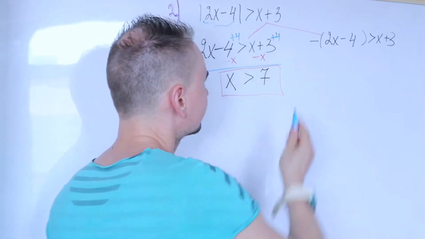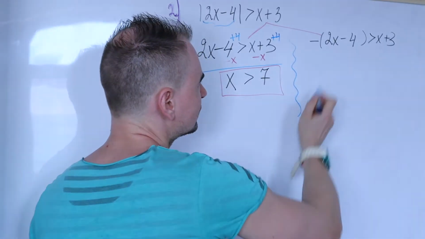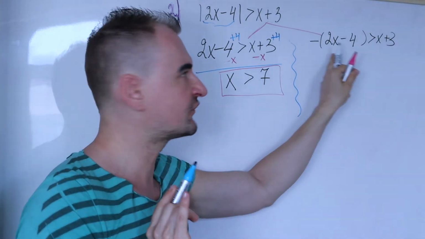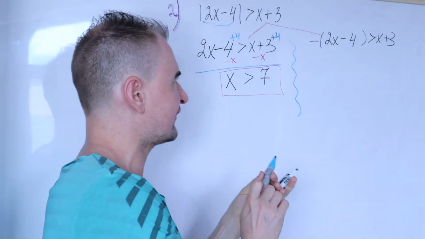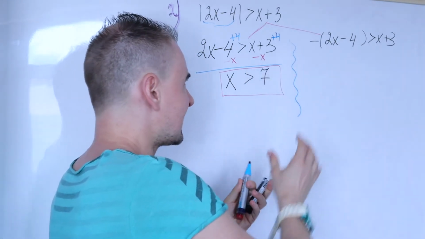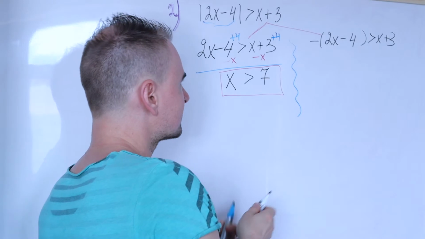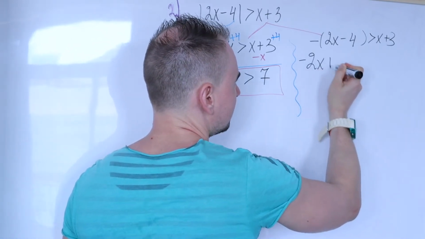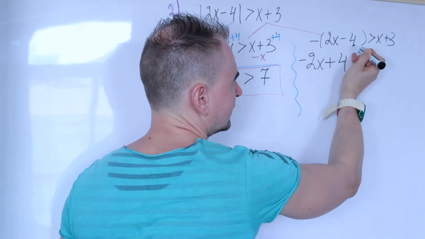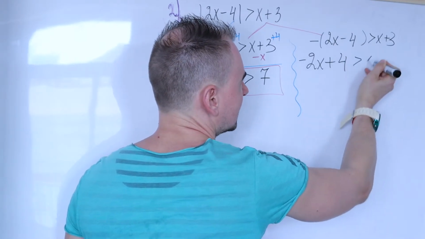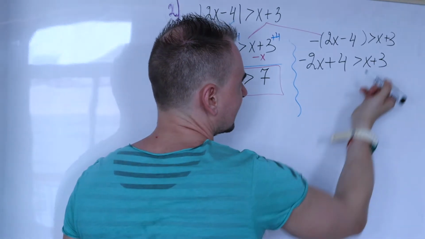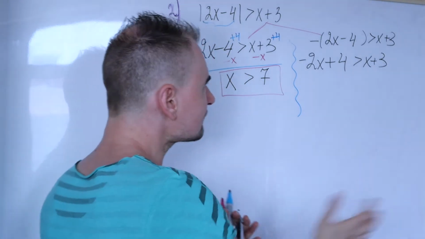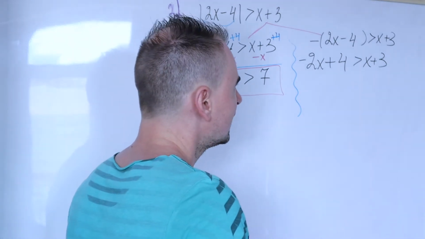So the same steps, we're going to solve the second one. First of all, distribute this negative, and signs in front of your terms flipped, switched. So negative 2x plus 4, so the sign flipped, greater than x plus 3. And again, we want to solve it for x, so we're going to collect x's on one side.